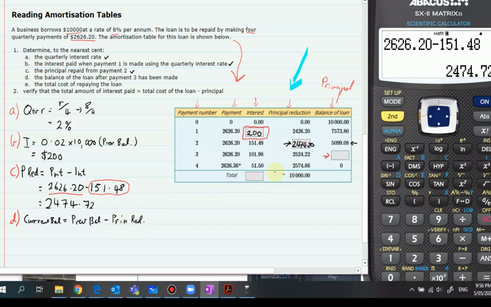If we look at both of those, previous balance 5,099.08, take away the principal reduction 2,524.22, and that will give us our balance of the loan.